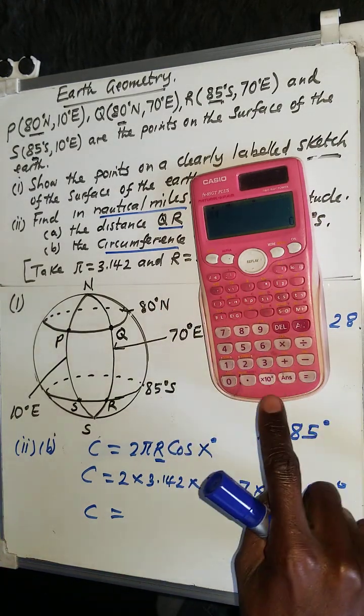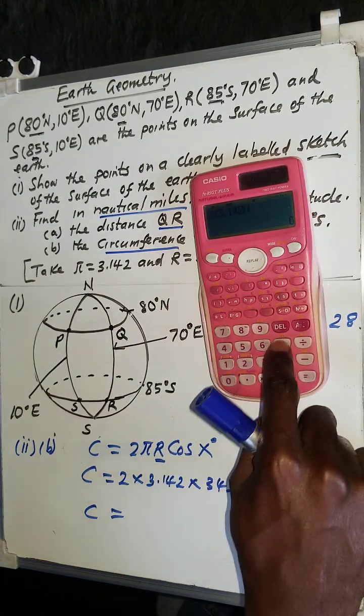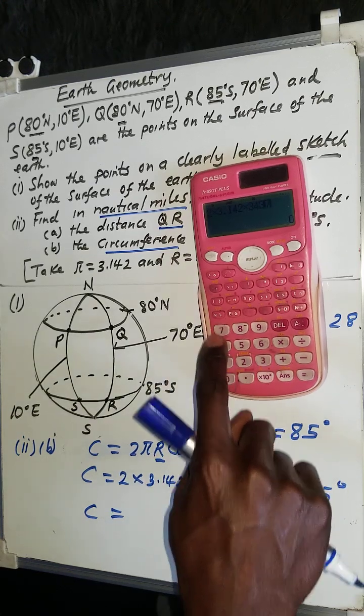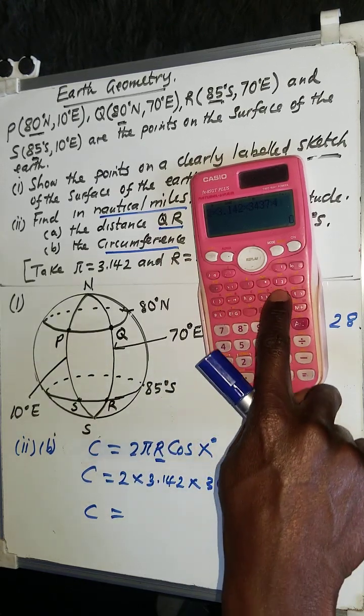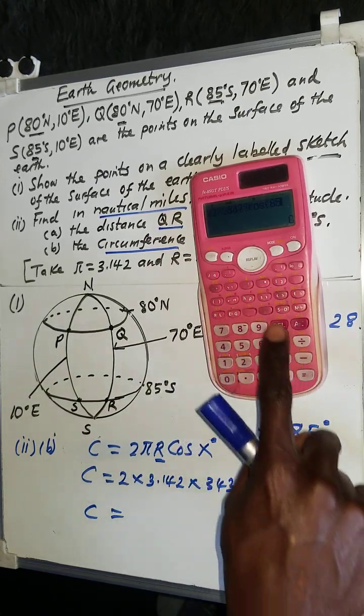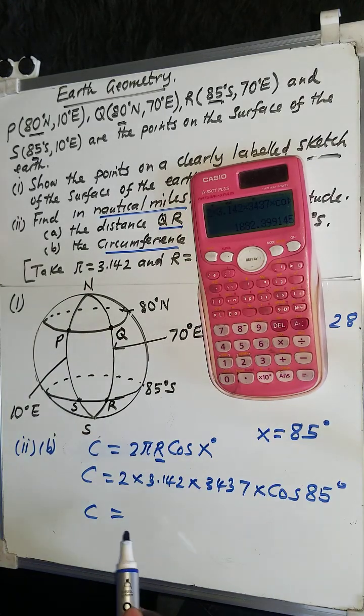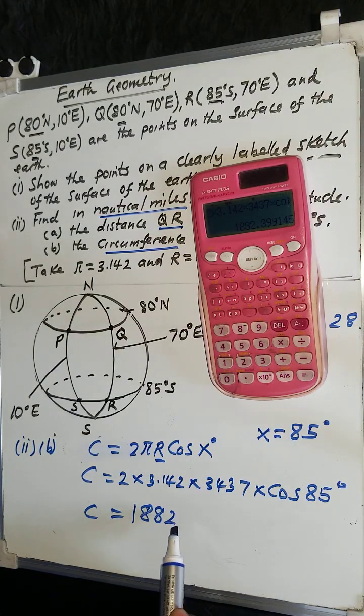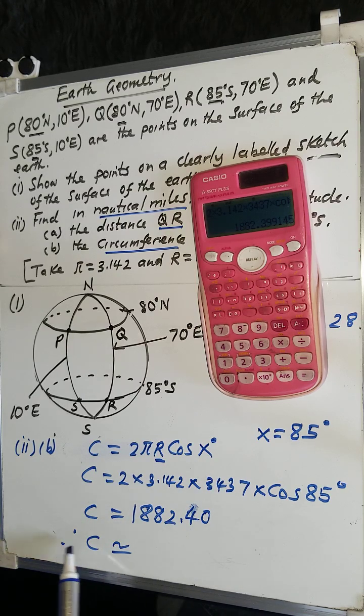So 2 times 3.142 multiplied by 34.37 multiplied by cos 85 degrees. So what is that going to give us? It is giving me 1882.3, let me just say 0.40 to 2 decimal places, but I can leave this one to 3 significant figures. So how is that going to be?